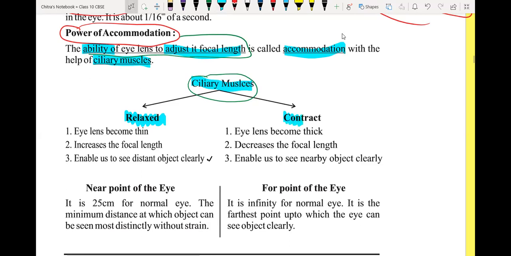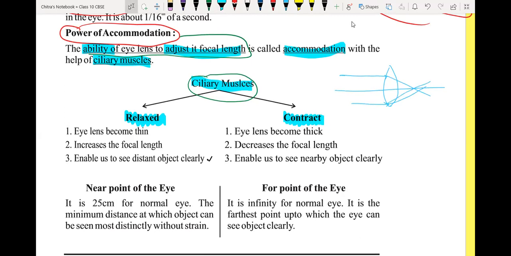Sir, what is the meaning of focal length? Wait a second. Suppose here we have the lens, and this is the principal axis. When light rays are incident on it, after refraction they pass through the same point.